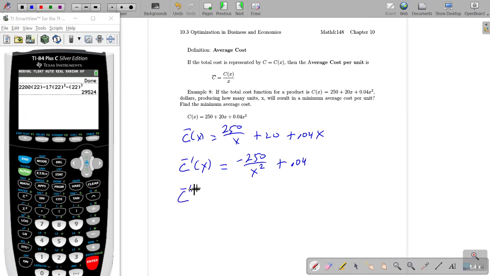C bar double prime of x equals, well, negative 250 x to the negative 2, that comes down, becomes 500 over x cubed.